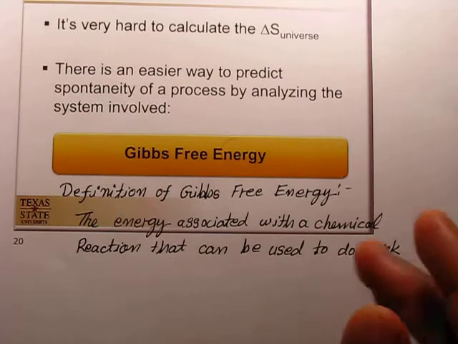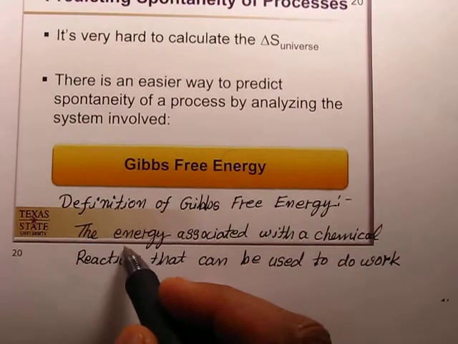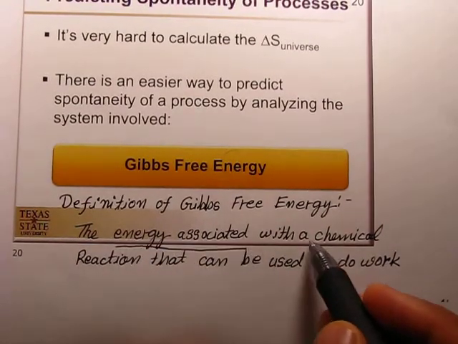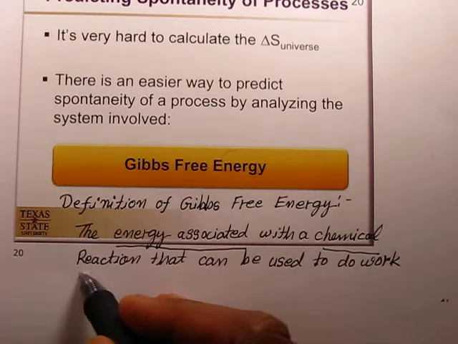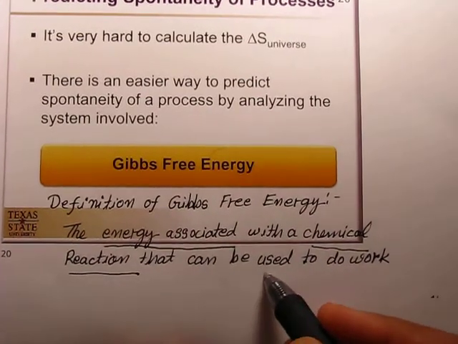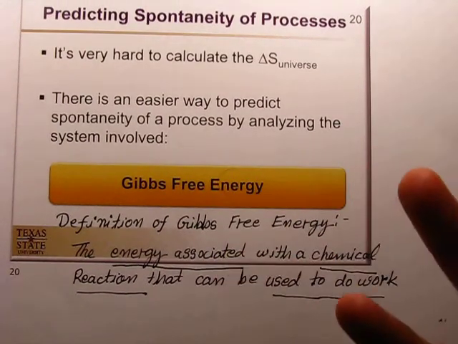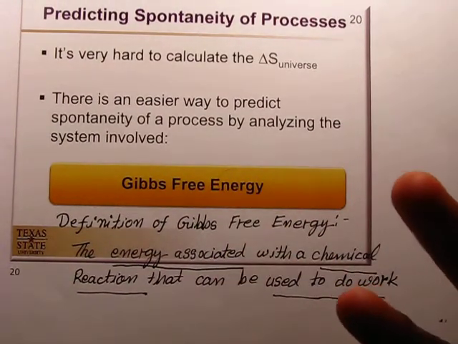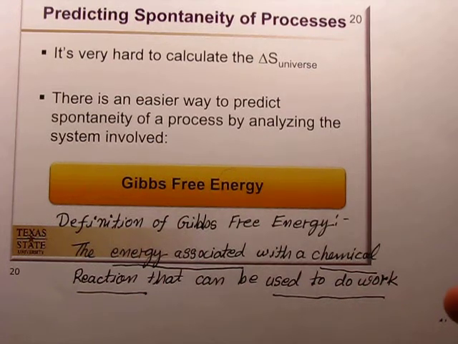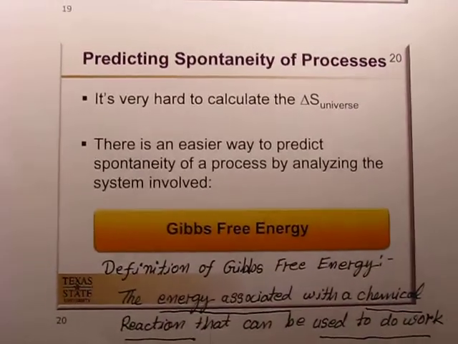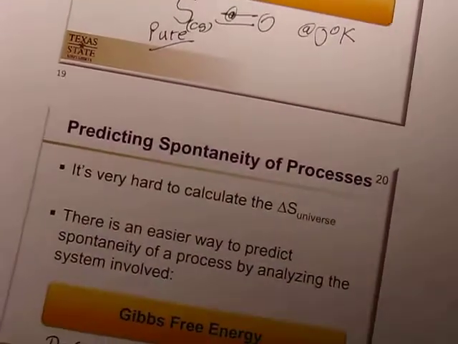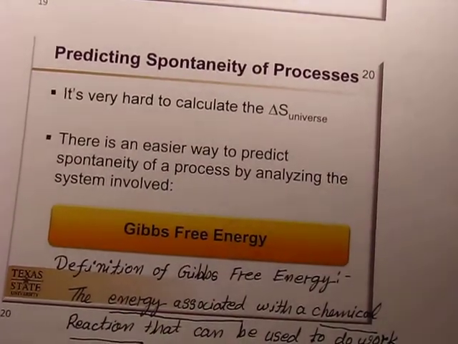For example, if you are doing a reaction and you are getting some energy from that reaction, and you can use that energy to do some work, that energy will be the Gibbs free energy. We'll see a few examples to understand more about the Gibbs free energy.